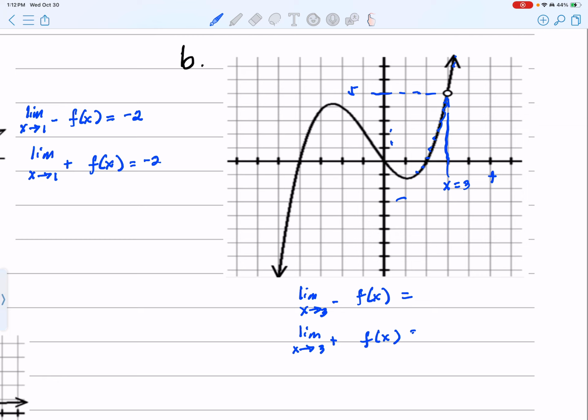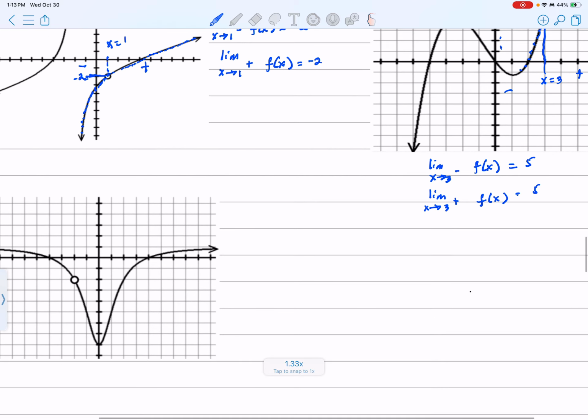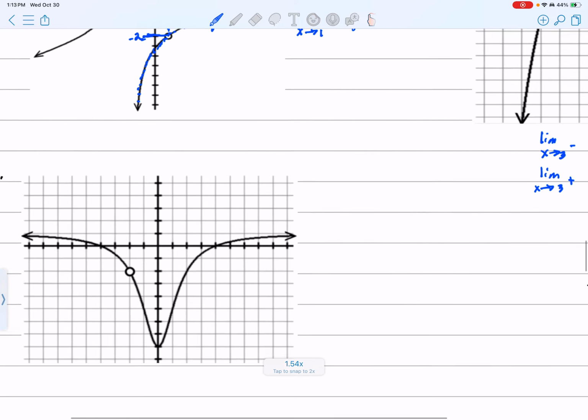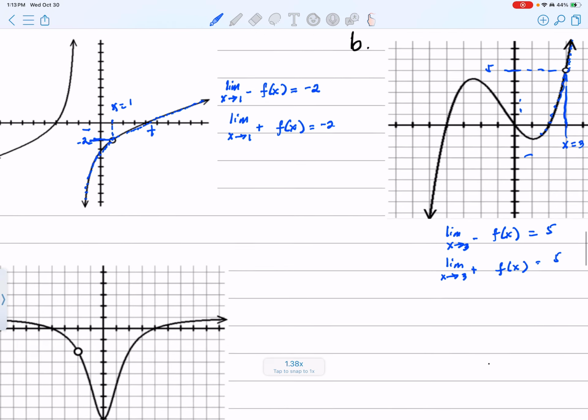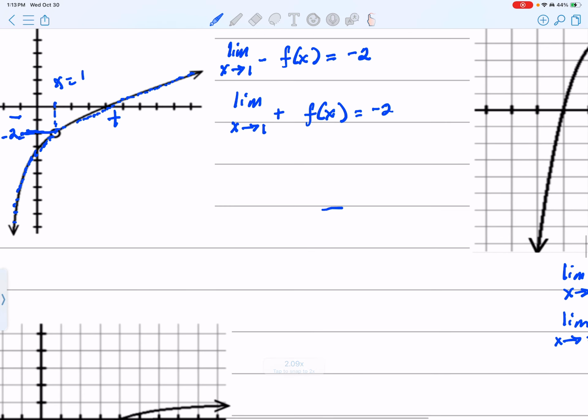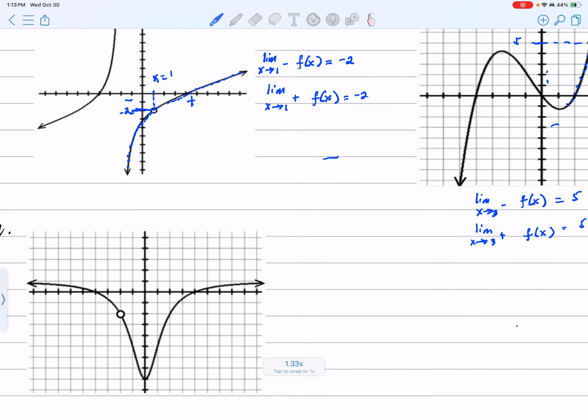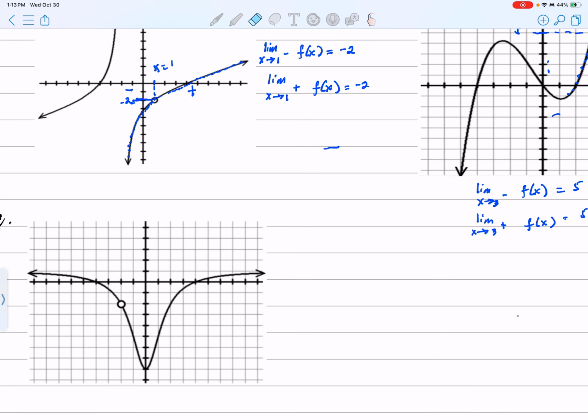As it gets closer, it approaches 5. That means the function of x here is 5. Okay. I think it's common sense. The way you see it, just cross and find the x and y value from the graph.